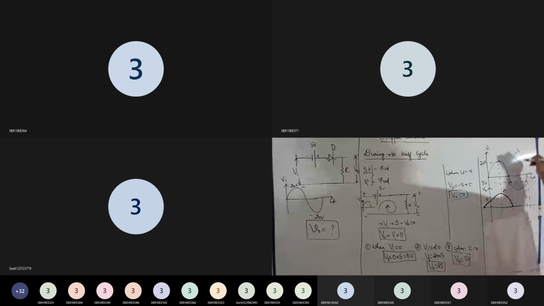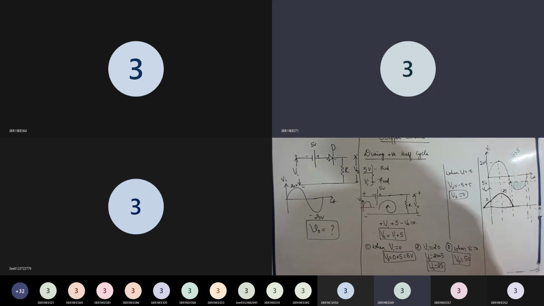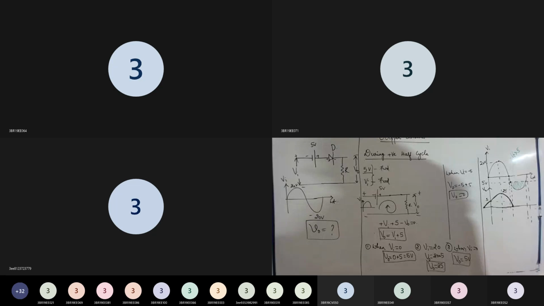Vi is more negative than minus 5. This is in the negative half cycle I am speaking. So, Vi is more negative than minus 5. So, which is dominating here? Minus Vi. Minus Vi is dominating, agree? Yes, ma'am.